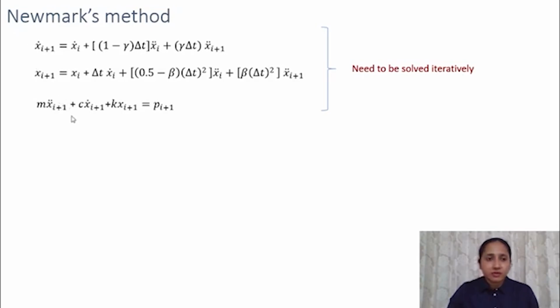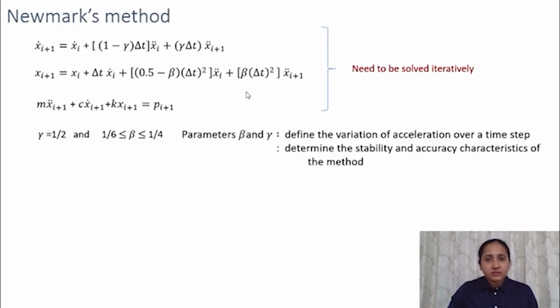And the appropriate values for these parameters gamma and beta are: gamma is equal to half and beta is in between 1 by 6 and 1 by 4. So these two parameters define the variation of acceleration over a time step, that is, between two time instants.